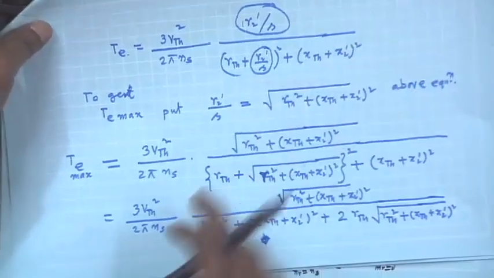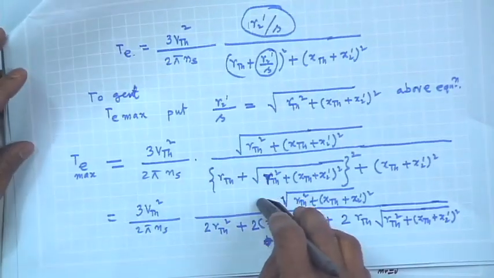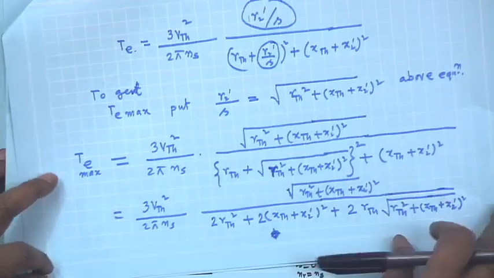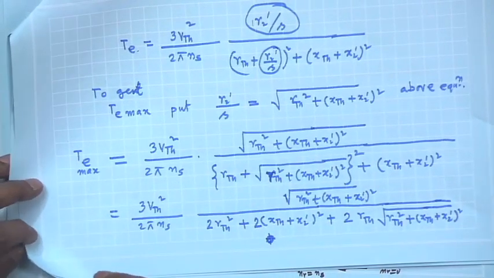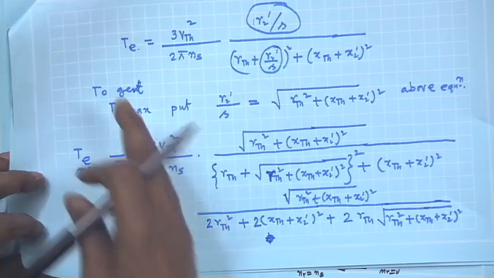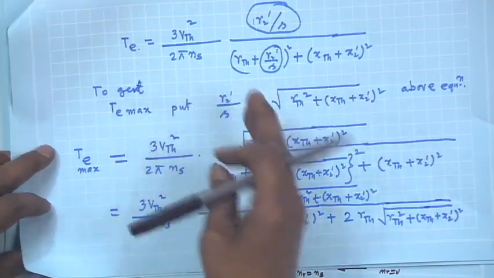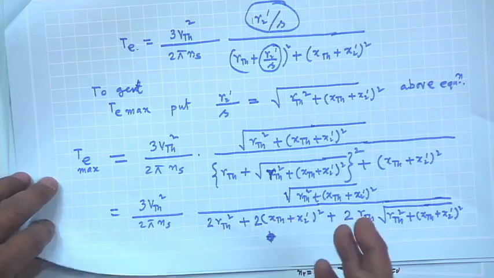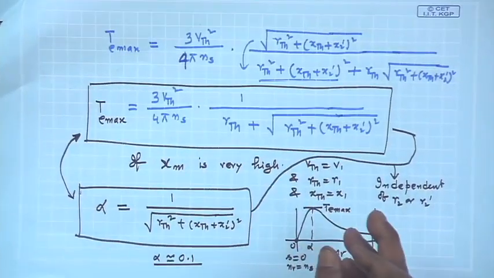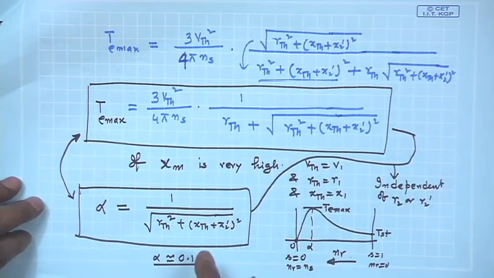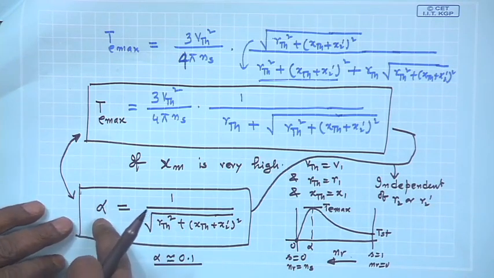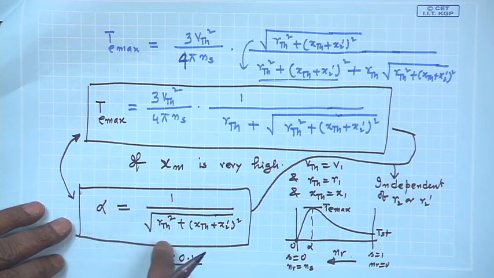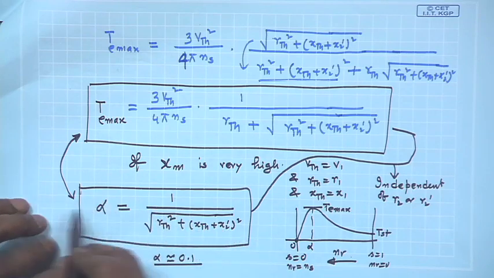That equation should be used, R 2 dash equal to alpha, and what I am telling is, suppose I want T max to appear at a certain value of alpha, then you can put that alpha equal to 1, and from this expression you will be able to calculate its numerator.